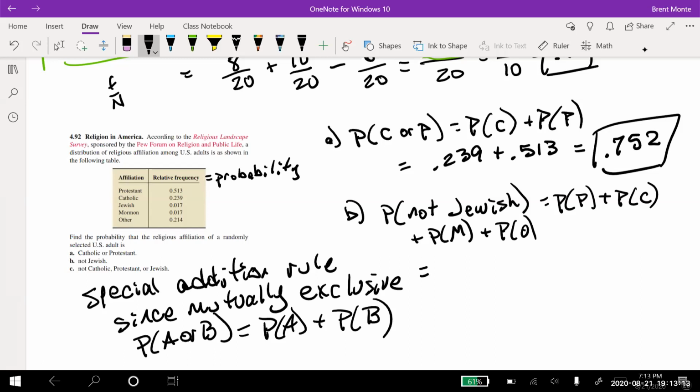So probability Protestant, 0.513, plus Catholic, probability 0.239, plus Mormon, probability 0.017, plus other 0.214, and then I can just add those up. That's why we have calculators. 0.513 plus 0.239 plus 0.017 plus 0.214, and I get 0.983.